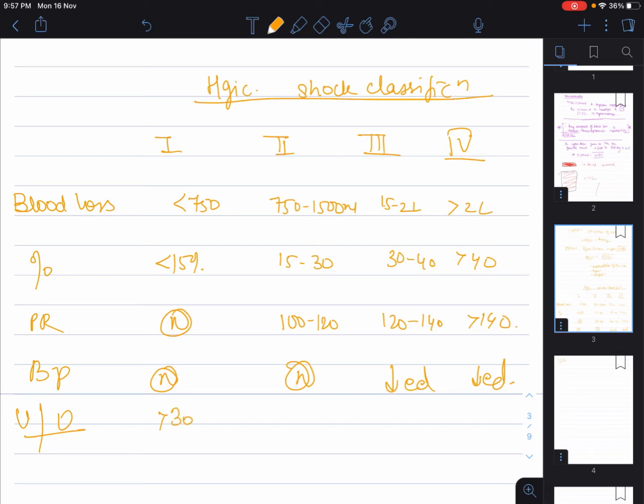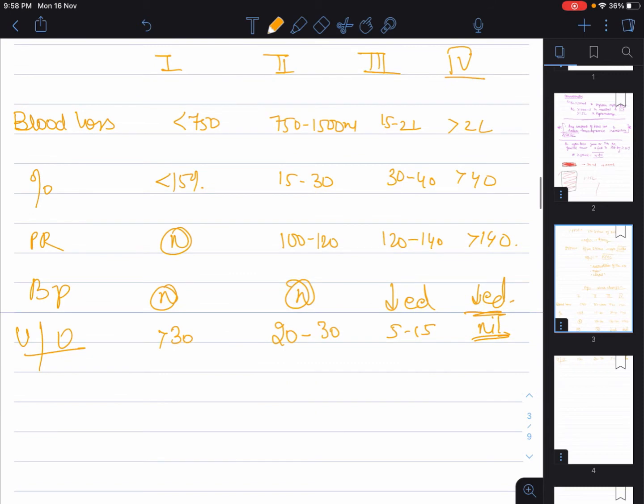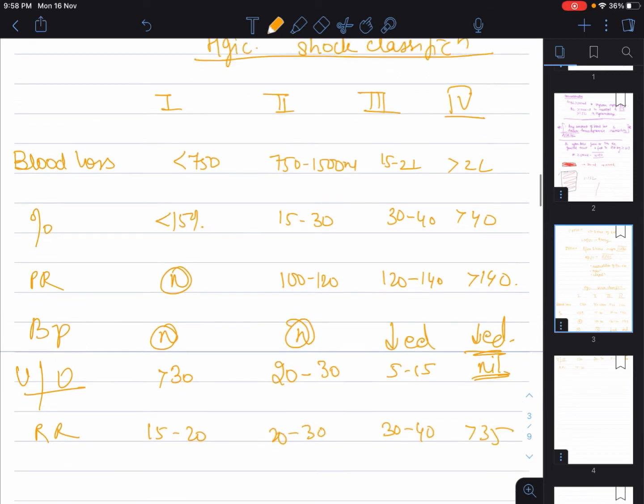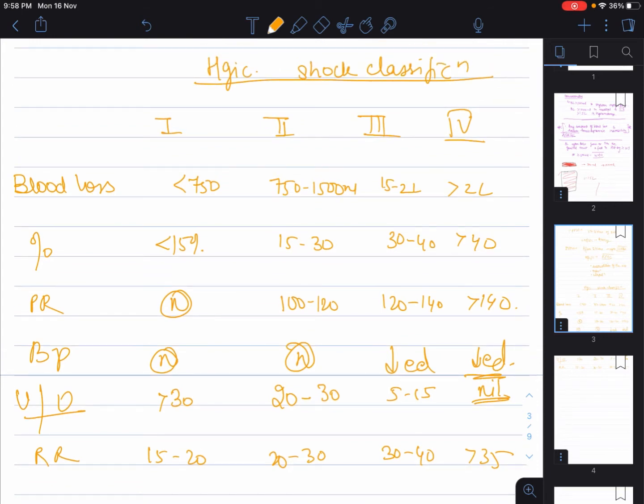It is normal in the first one, that is more than 30 ml per hour, then 20 to 30, then 5 to 15, and nil. If there is no urine in the urobag, then we say that the patient is in shock. Why? Because the output is nil, right? And finally the respiratory rate, if it is increased: 14 to 20, 20 to 30, 30 to 40, and more than 35. So this is basically the classification of hemorrhagic shock that we take into consideration.